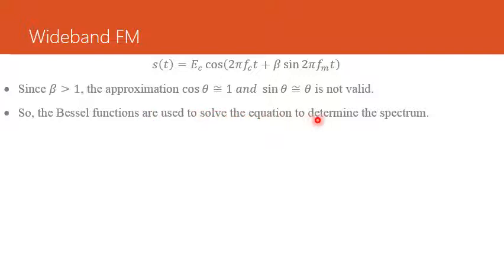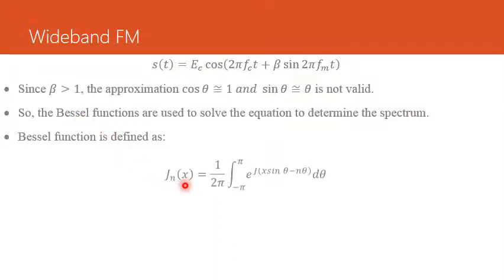So in that case we have to make use of the Bessel function, which is used to solve the equation and determine the spectrum. The Bessel function is given by Jn of x equal to 1 by 2 pi times the integral from minus pi to pi of e raised to j of (x sin theta minus n theta) d theta.